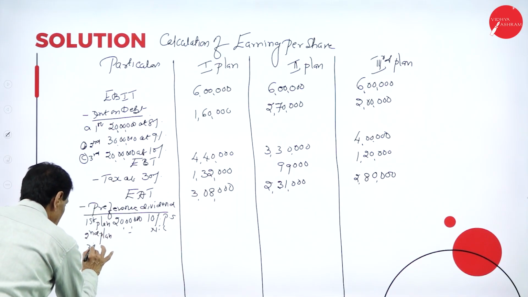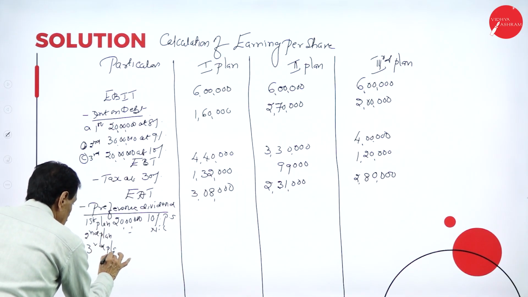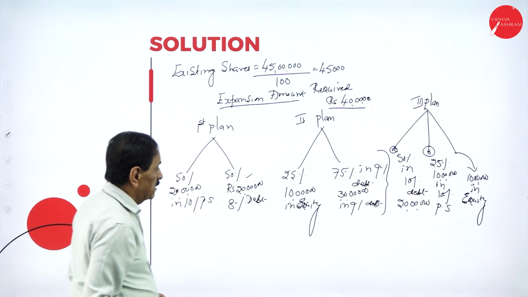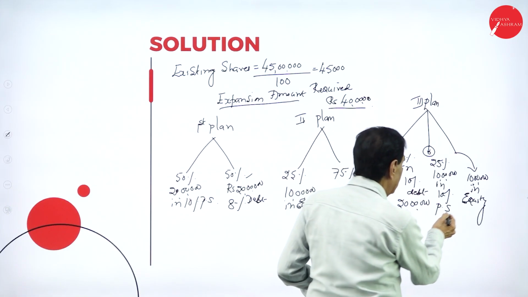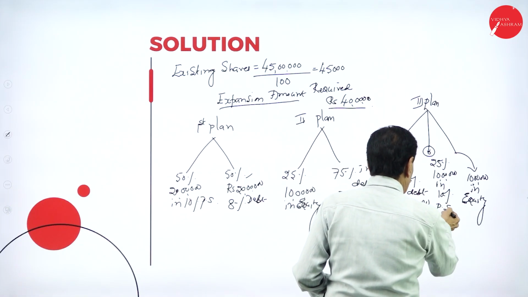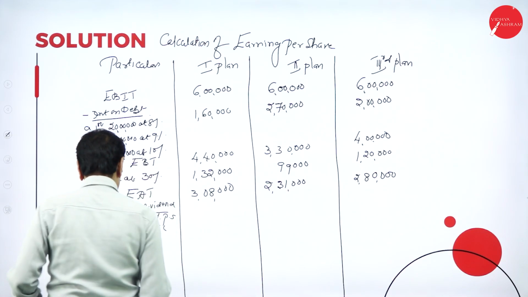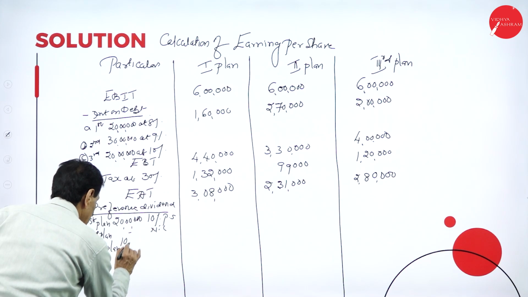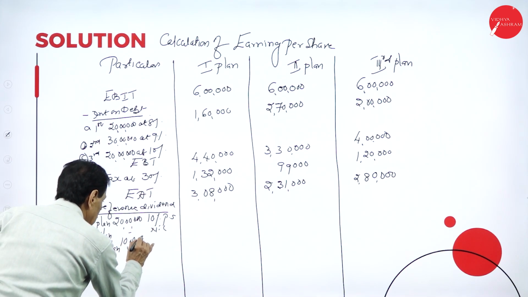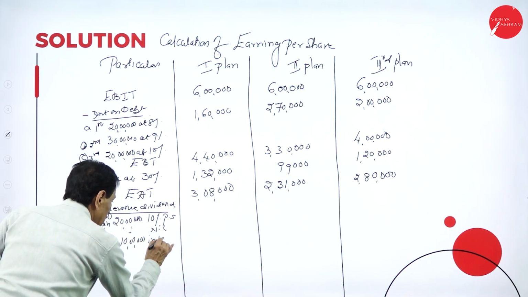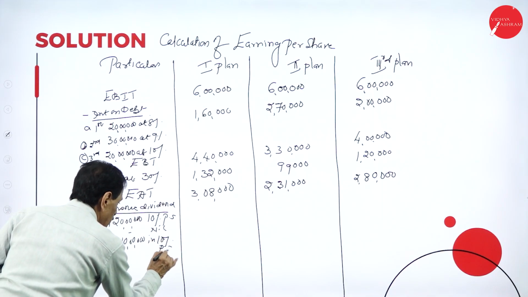Third plan: 25% means 10 lakh in 10% preference shares.